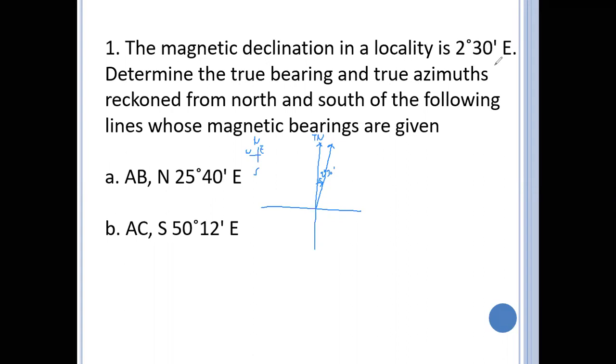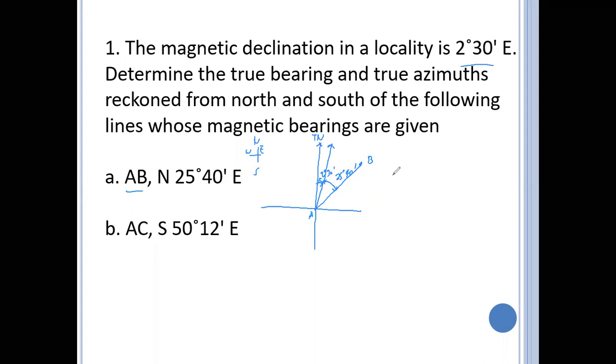Okay, so ito yan, no? Then, yung line natin is AB. So ito yung point A. This is point B. So this is considered as the magnetic bearing. So ito yung 25, 40. Okay, north to the east.